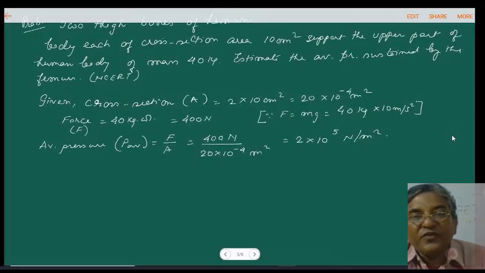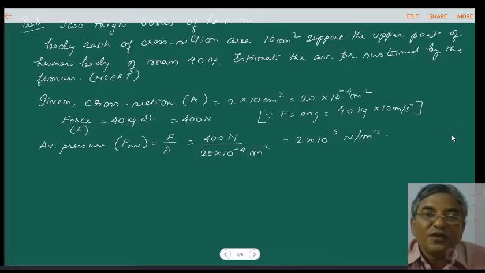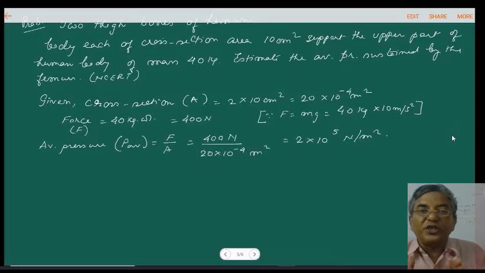So the cross section is given as 10 square centimeter for a single thigh bone. There are two thigh bones, so you can multiply 2 into 10 square centimeter. This gives you 20 square centimeter. Now you have to change it into square meter, so multiply it by 10 to the power minus 4.